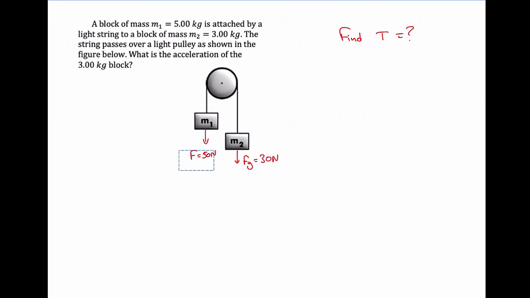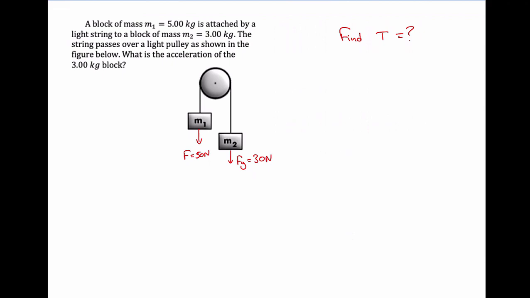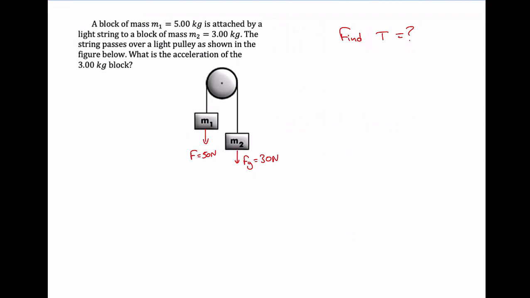So actually I should have drawn the first force of gravity as a little bit longer arrow. So force of gravity 1 is 50 Newton and force of gravity 2 is 30 Newton.